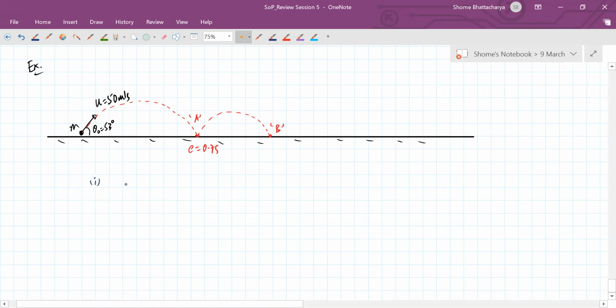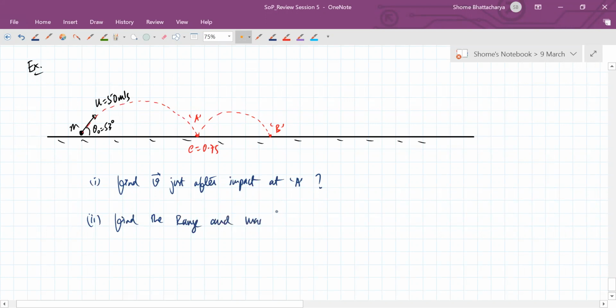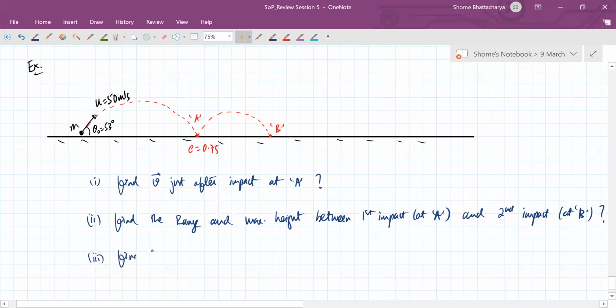The first thing we have to do is find the velocity just after impact at the point A. Secondly, we have to find the range and maximum height between the first impact at A and the second impact at B. And then we have to find the velocity just after the second impact at B. Assume the same coefficient of restitution.